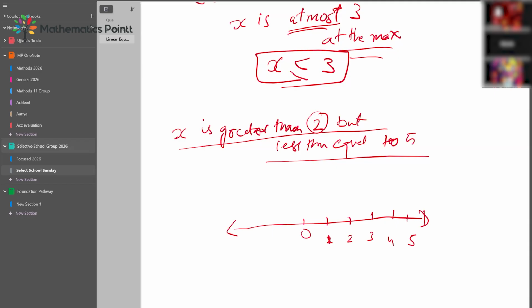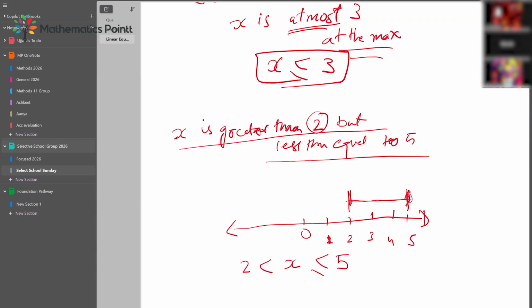X needs to be greater than 2, which means X can be here, but less than or equal to 5. So that means that's my boundary. So you will write 2. That's how you write it.